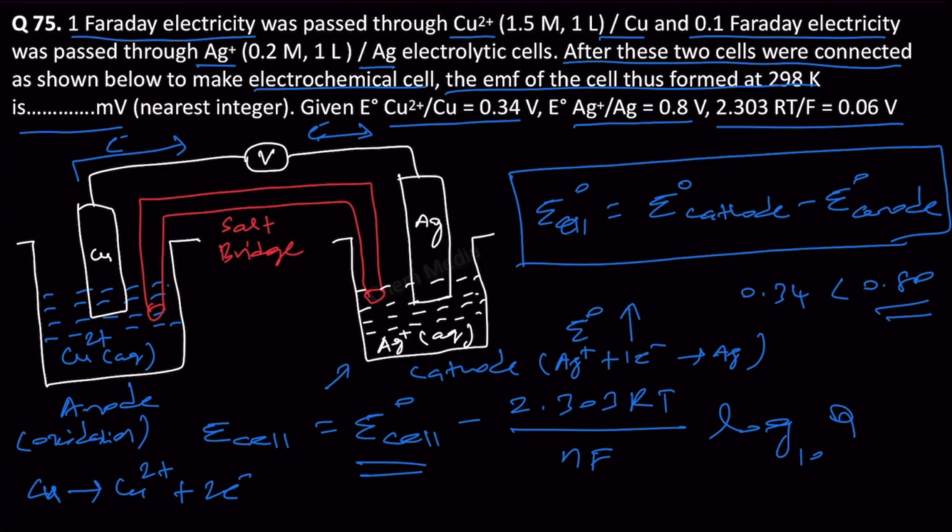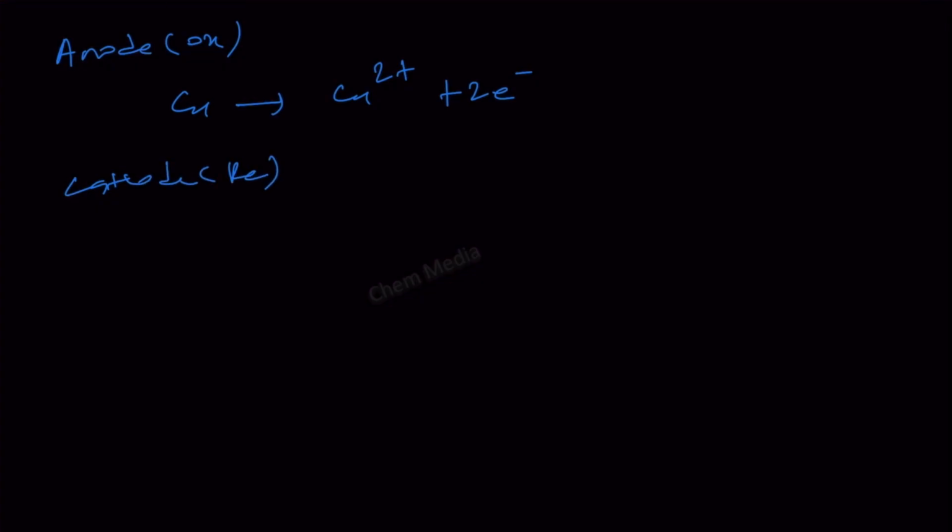Now, let us come to the Q part. So, we mentioned that at the anode oxidation is happening. So, therefore, this is Cu giving Cu2 plus and 2 electrons, and then at the cathode reduction is happening. Ag plus gains an electron and becomes Ag.